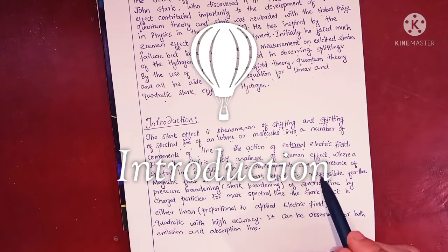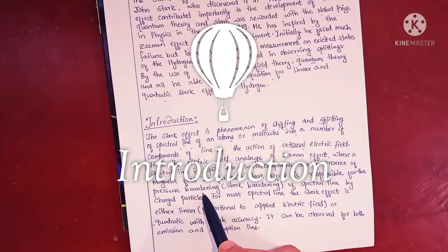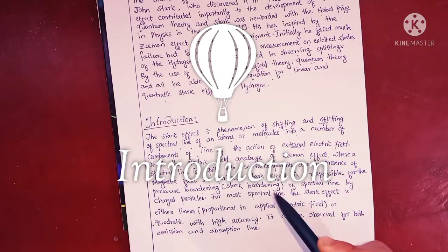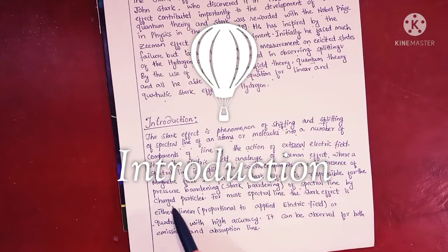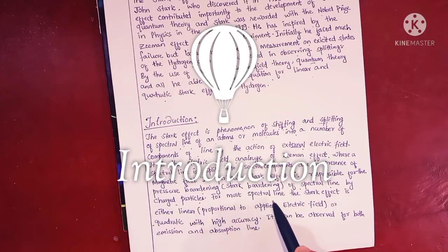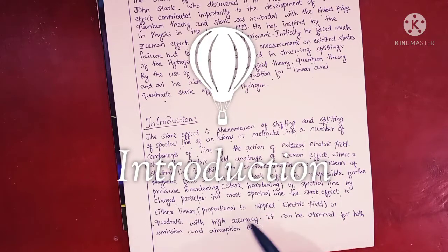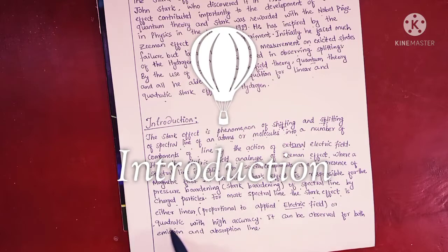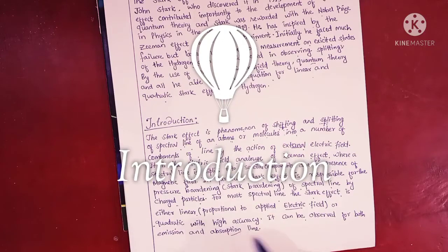In particular, the Stark effect is responsible for broadening, that means increasing the thickness of the spectral line by charged particles. For most spectral lines, the Stark effect is either linear, which is proportional to the applied electric field, or quadratic, with high accuracy. This effect can be observed for both emission and absorption lines.